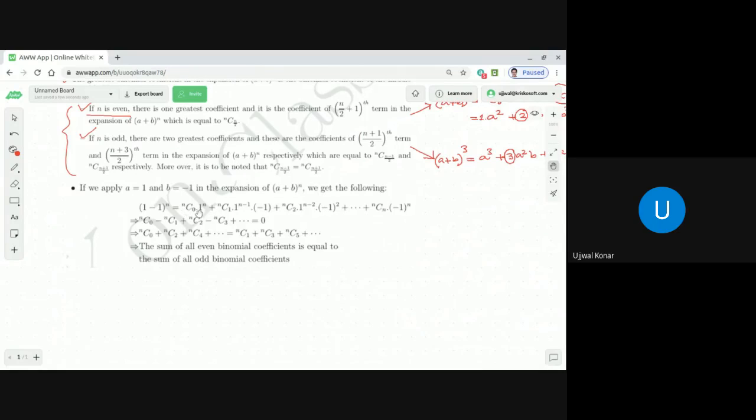Finally, dear students, you will get something like this: nC0 minus nC1 plus nC2 minus nC3, in that way up to it will go to 0. That means nC0 plus nC2 plus nC4 dot dot dot is equal to nC1 plus nC3 plus nC5 dot dot dot continues. So this is the mathematical statement what you see.